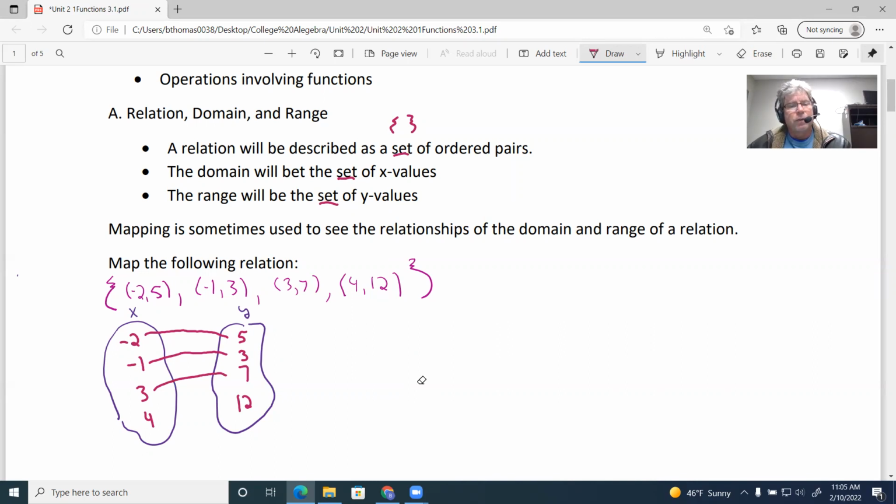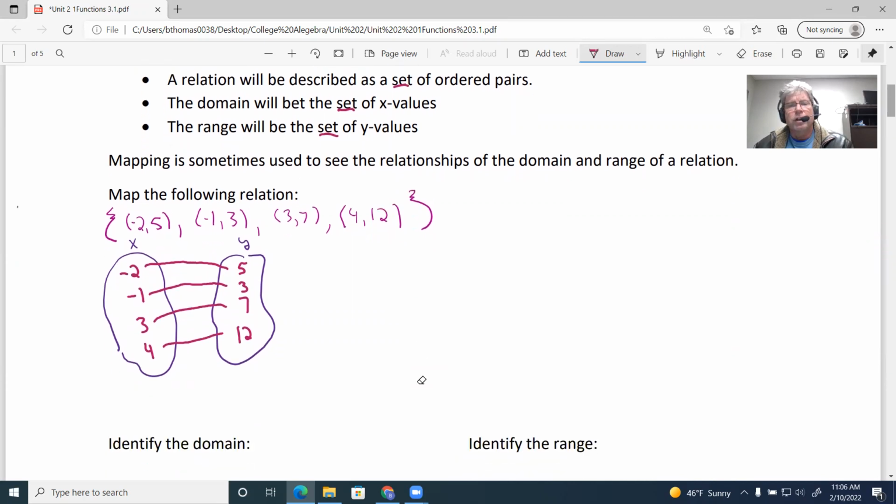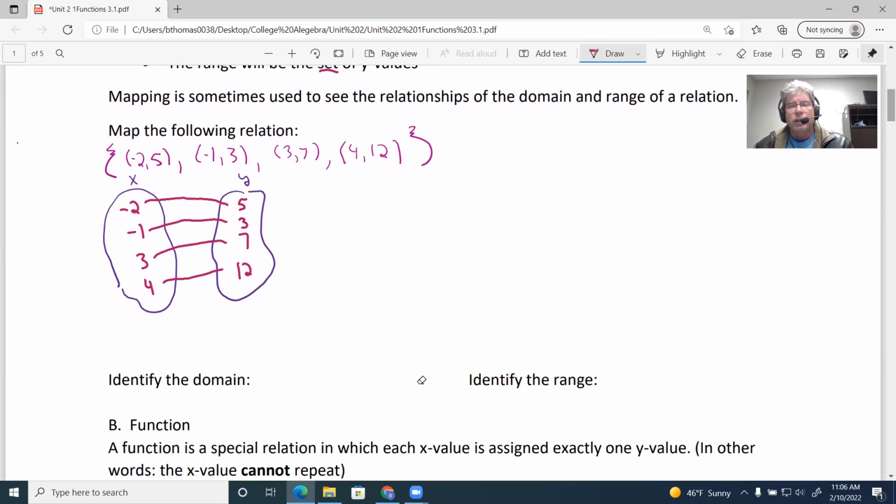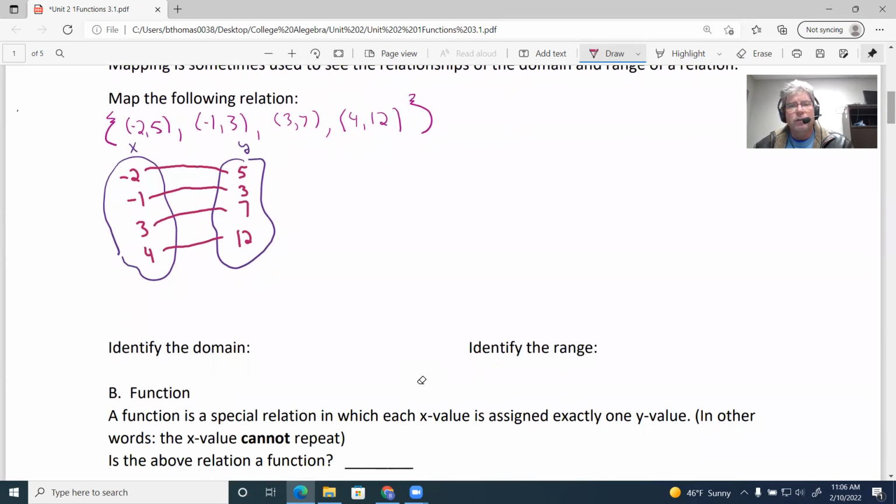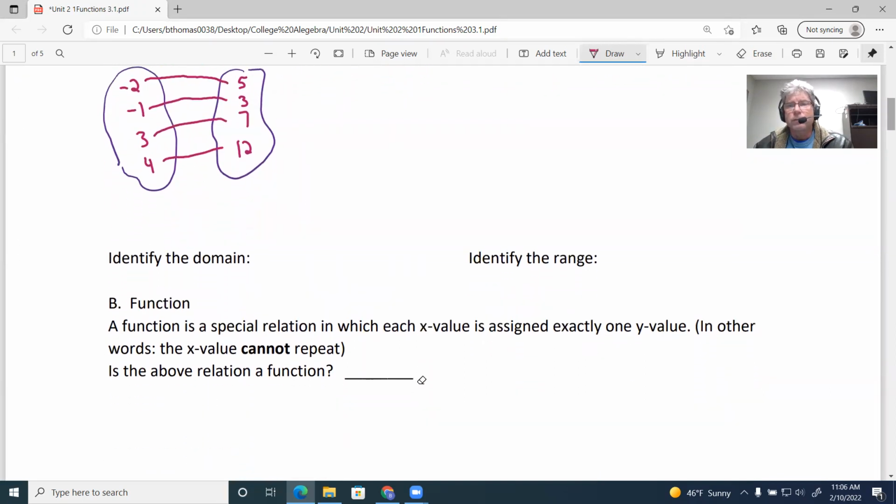And then the 4 is related to the 12, or again, 4 is assigned to the 12. So we map it like that. When you see drawings like that, they call those mappings. They show the relationship of how the domain and the range are tied together in that format. Kind of like a T-chart in some ways, just a little bit different.